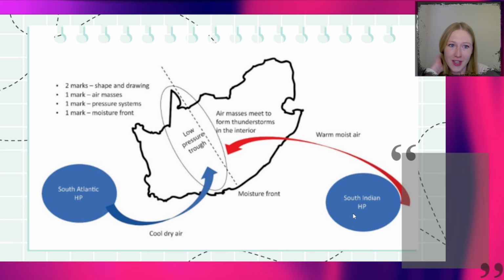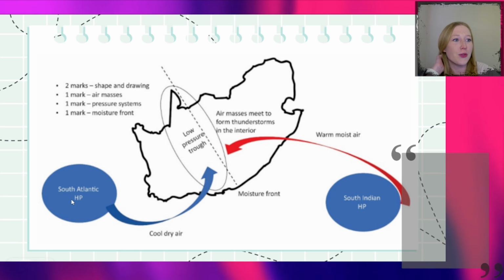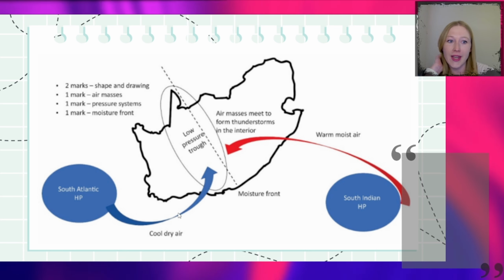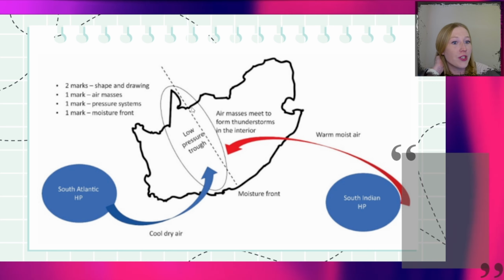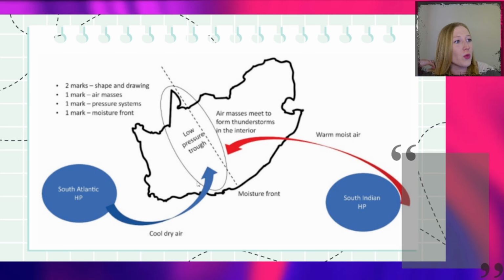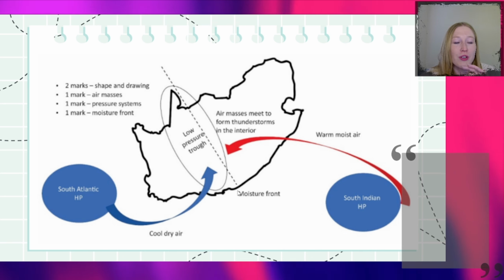We have the South Indian high pressure, South Atlantic high pressure. You see the air moving away from the anticyclones, away from the high pressure, and towards the low pressure over the land. Where we have this low pressure and these two types of air mass meet, we have a moisture front.